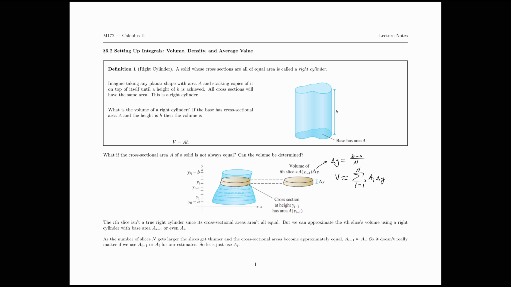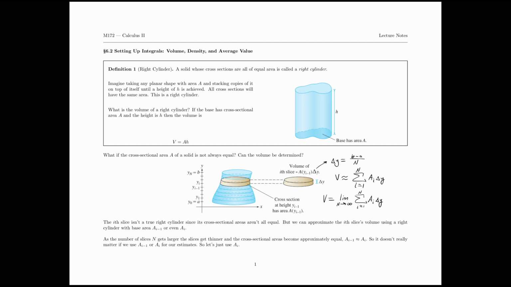So this is an approximation, but how could we make this estimation perfect? We could take a limit. So we could say the true volume V is the limit as n goes to infinity of the sum from i equals 1 to n of A sub i delta y.